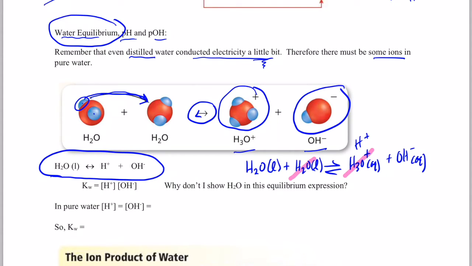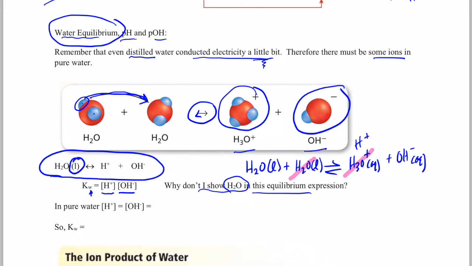And we're going to call the equilibrium constant for this reaction Kw, because this is the equilibrium constant for water, for pure water. So Kw would equal H plus, sometimes it's written as H3O pluses, times OH minus. Why don't I show H2O in this expression? That's right, because it's a liquid, and liquids and solids are left out of equilibrium expressions.